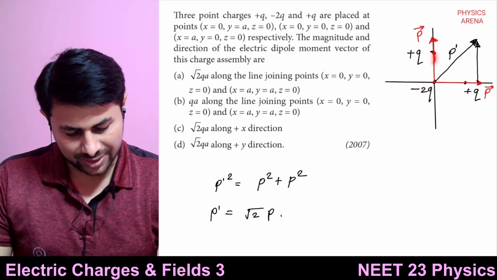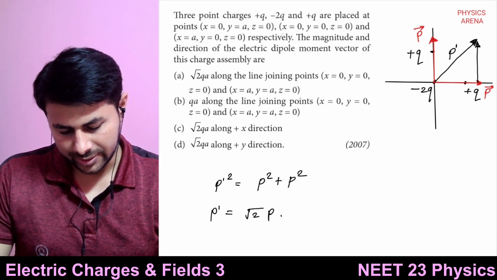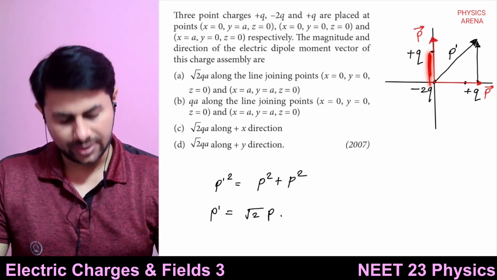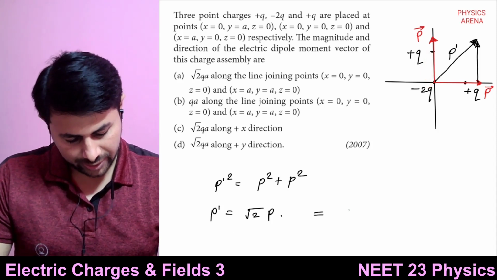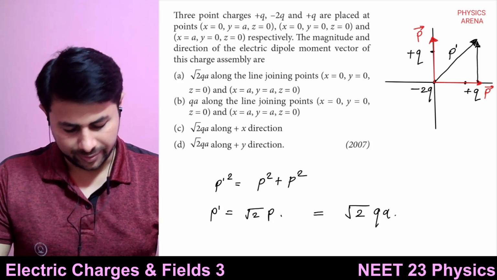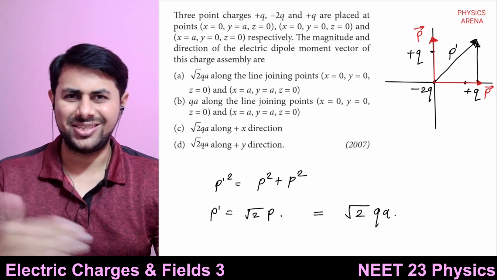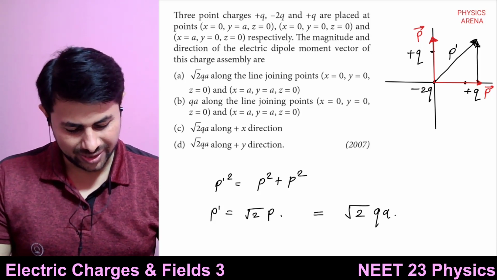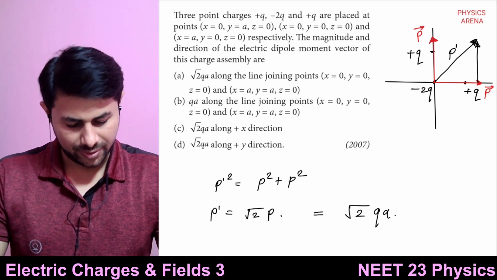The distance between the charges here is a, so this much distance is a, right? So it is equal to square root of 2 multiplied by q into a. We have a habit of writing this distance as 2a, but here the distance is equal to what? a. Got it?